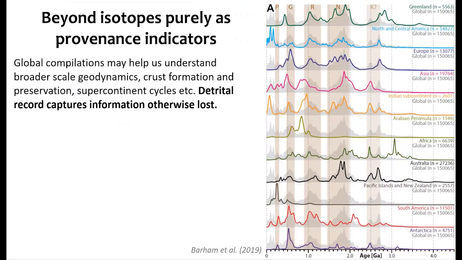Obviously, people have been working on detrital zircon geochronology for decades, and consequently, hundreds of thousands to millions of analyses have been undertaken around the world, building these global compilations, and we can start teasing them apart into these different regions to help understand maybe patterns on, like Mike was touching on, are there changes in production, preservation of those signatures? Can we start saying something about supercontinental cycles, or just relationships of these different cratonic blocks?